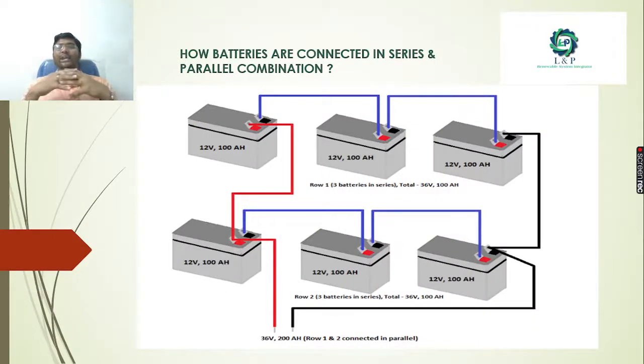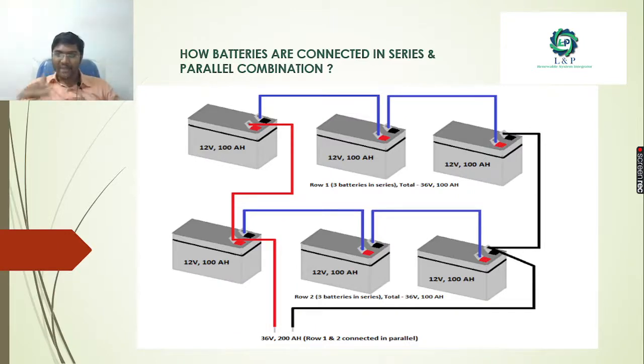And if we connect the batteries in a series and parallel combination, see here, we have an example with a first row and a second row. In the first row, we connect batteries 1, 2 and 3 in series. In the second row, we also connect three batteries in series. Then we interconnect the row 1 batteries and row 2 batteries together in parallel connection.